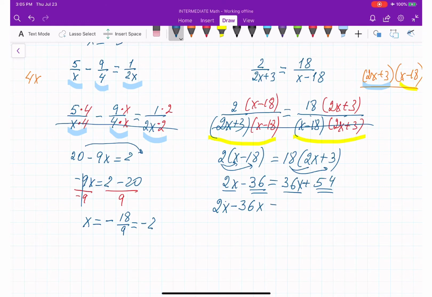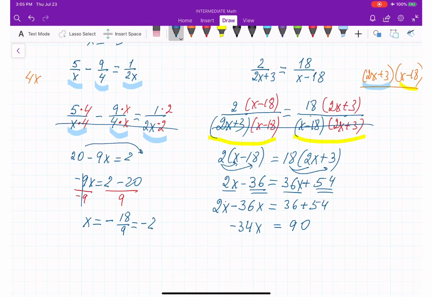Positive 36 is negative 36 moving to this side. And I'm getting positive 36 plus 54. And what do I get here? Negative 34x, because negative 36x plus 2x is negative 34x. And here it is equal to 90.